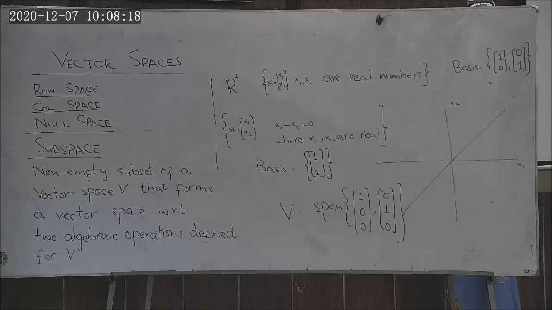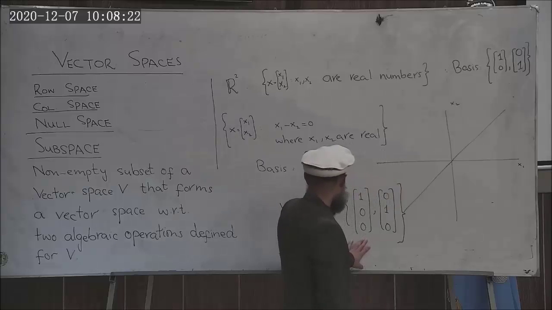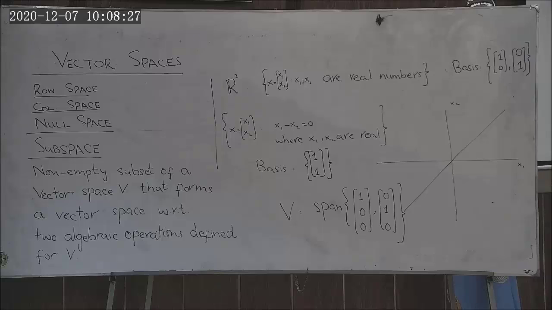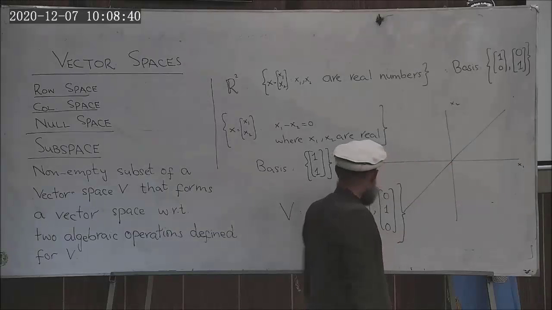We have learned it. So the span of these two vectors is a vector space. What is the dimension of that vector space? 2. And what is a basis for that vector space? So this set is also a basis, not unique.